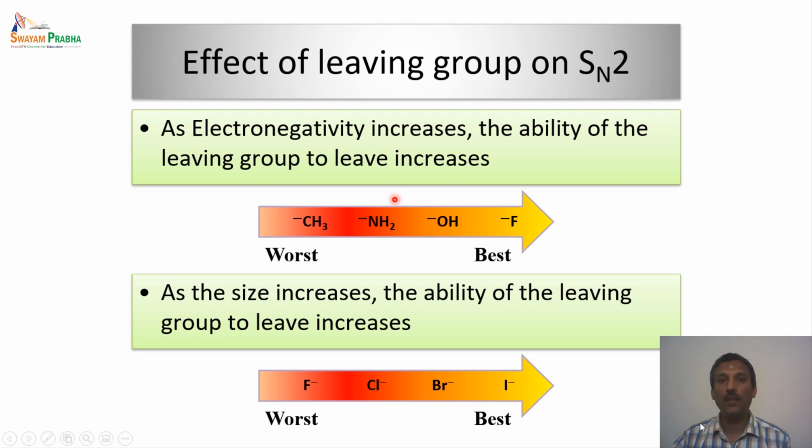So I minus is the best leaving group amongst these groups. But there are even better leaving groups like mesylates and tosylates, which are much better than I minus. Relatively we say one group is a better leaving group compared to another under certain reaction conditions.